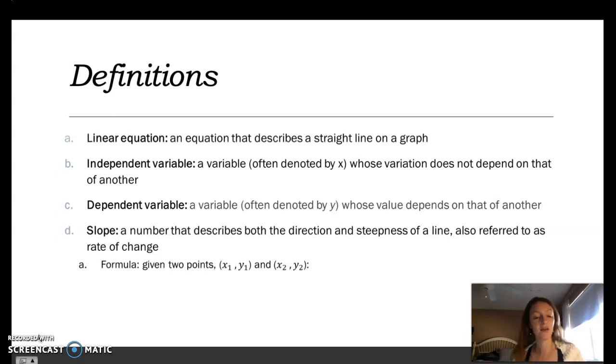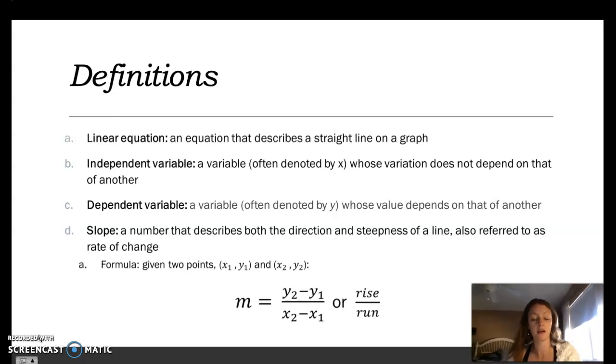Okay, now, when we are given two coordinates, x and y, we can plug those coordinates in to determine what the slope of our line is. So, here it is below. I'll give you a second to copy that down.